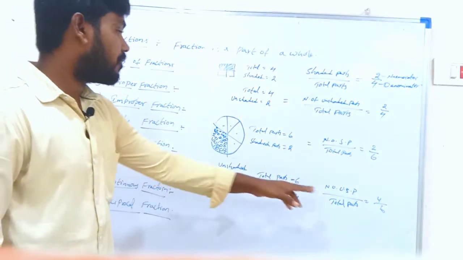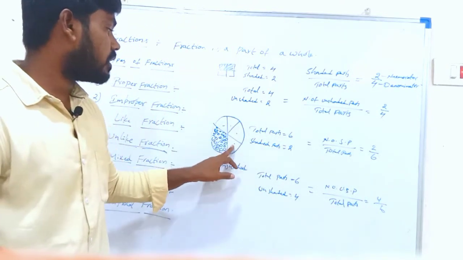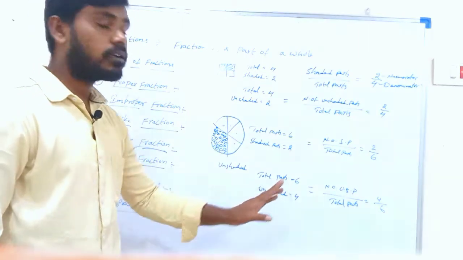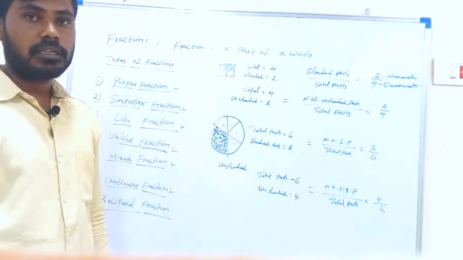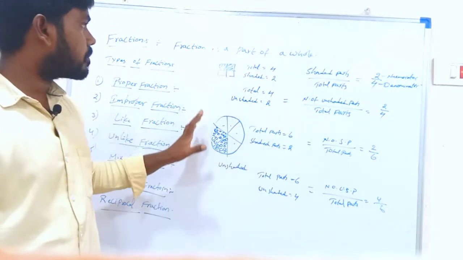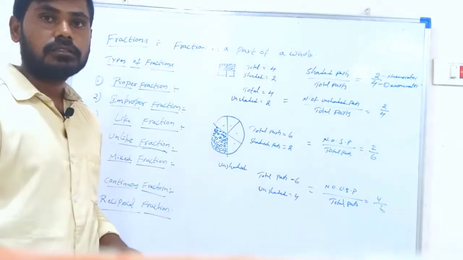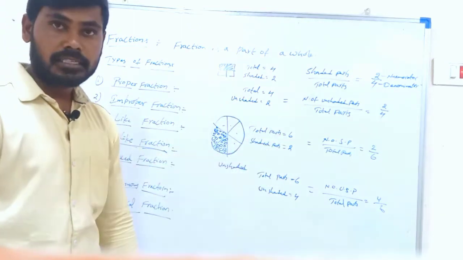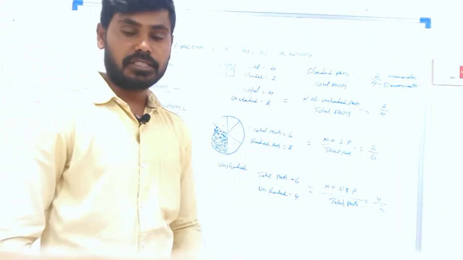And here 4 equal parts of the 6 equal parts of the whole are unshaded. Okay. In this way we can express a part of the whole in the form of fractions.